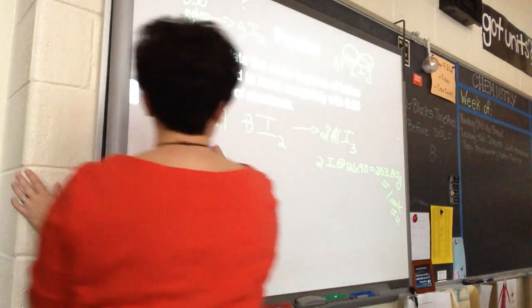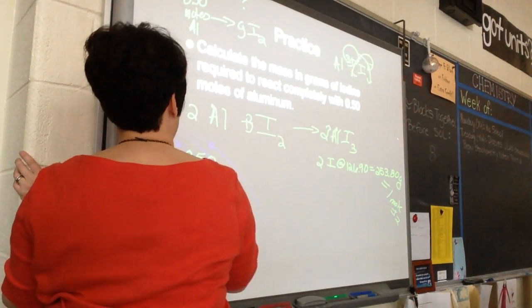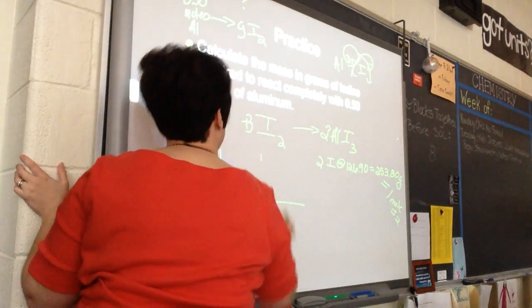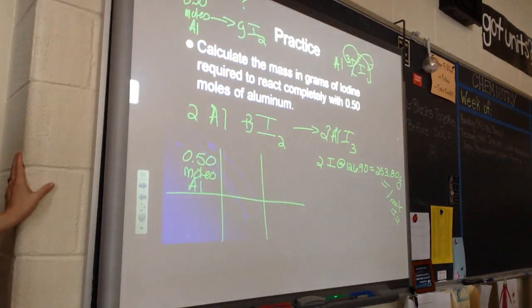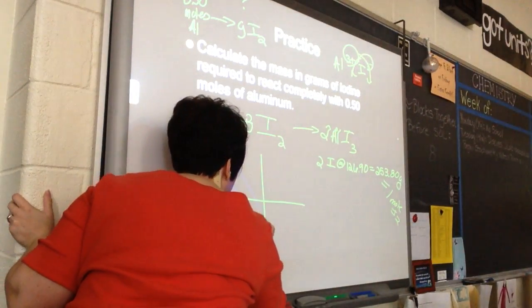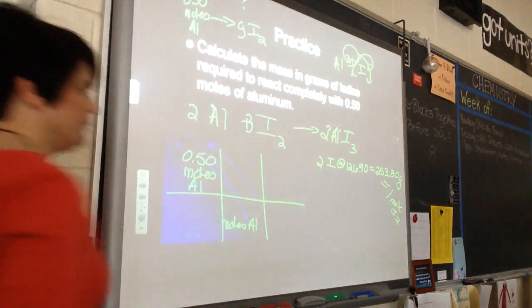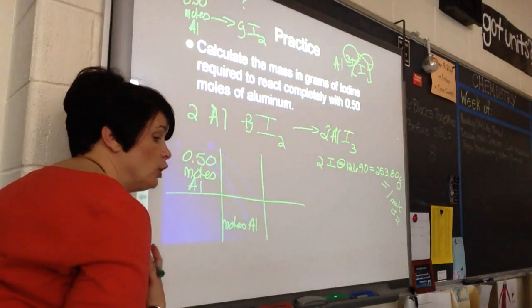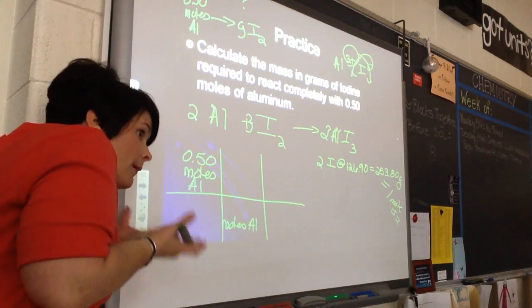All right, let's set up our problem. 0.50 moles aluminum. What's got to go in the bottom? Moles. Why? Because you want to get rid of moles. Good. I'm talking about aluminum, but I want to talk about iodine.